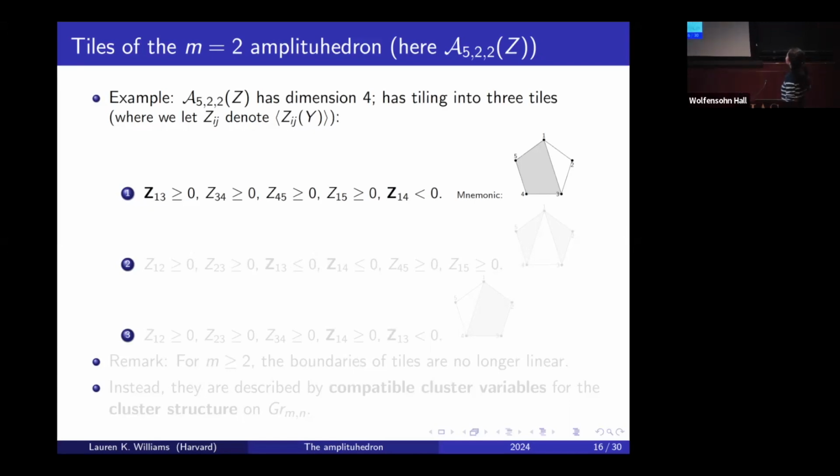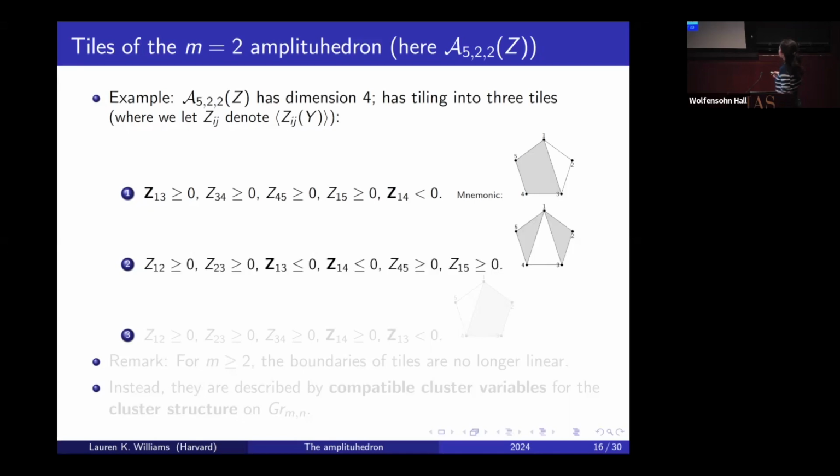This gray region tells us that Z13 is non-negative, and so are Z34, Z45, and Z15. These are the boundaries of this tile. And we also have to specify that Z14 is negative.